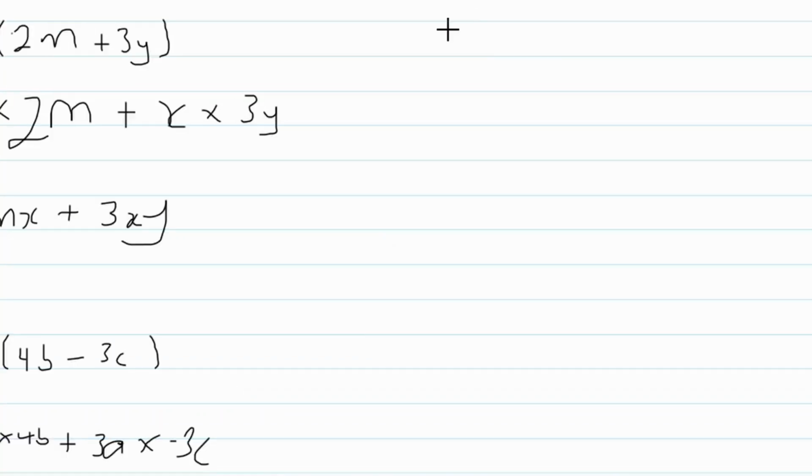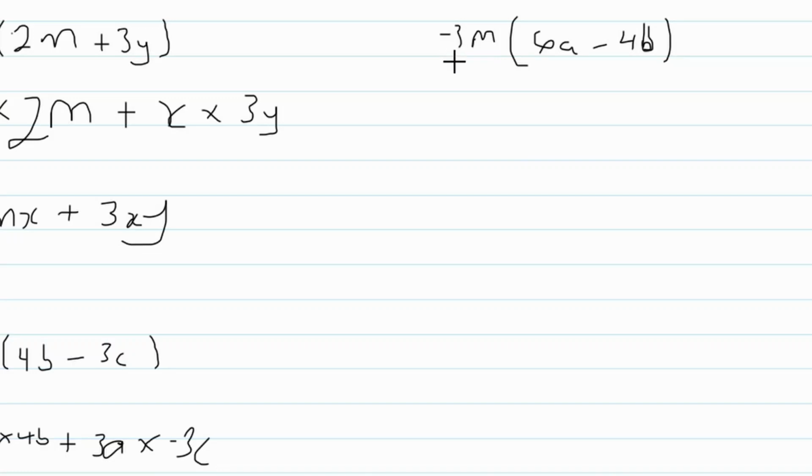Alright, so another example we have here is minus 3m, bracket open, 6a minus 4b.